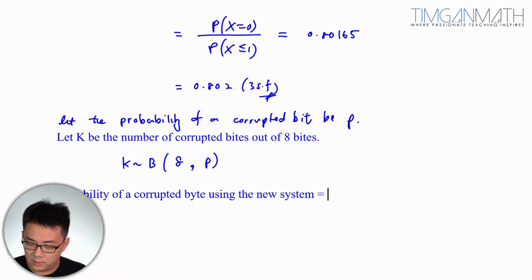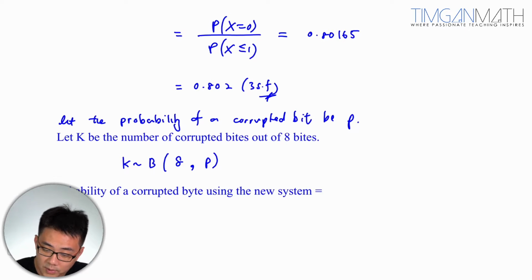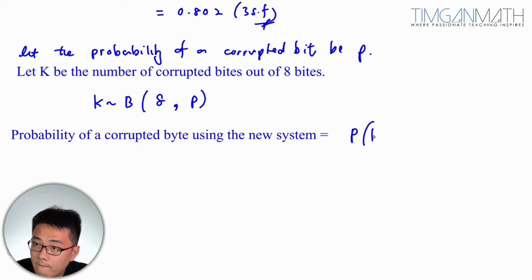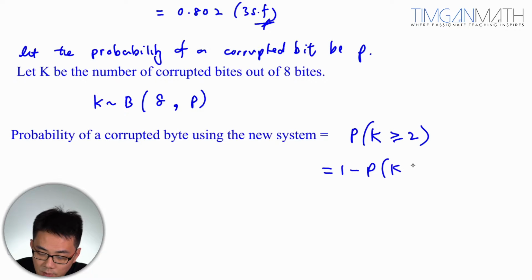Maybe I'll just write it down. So this one here is very important. Corrupted bit would be pk. At least 2, right? So this is 2 here. So same thing, which is 1 minus P(k at most 1).